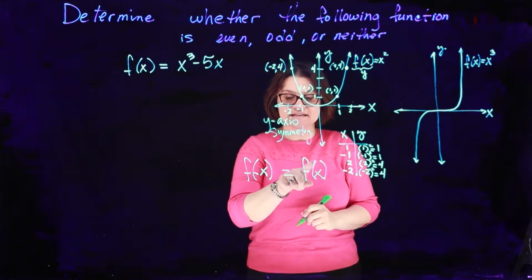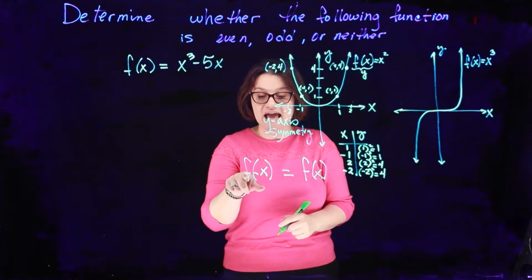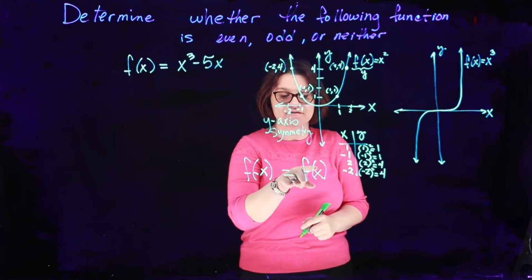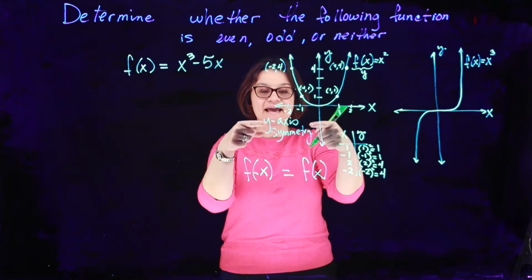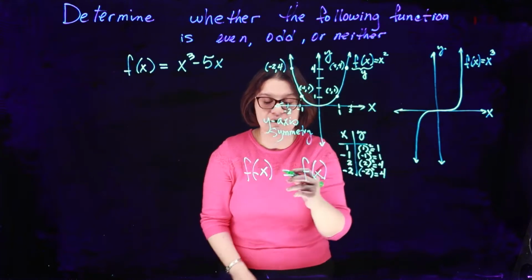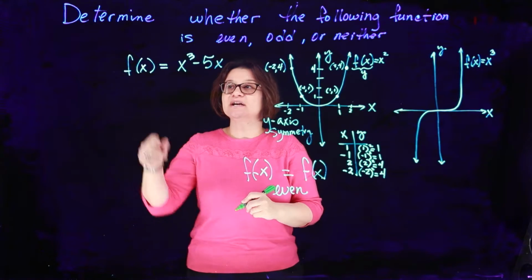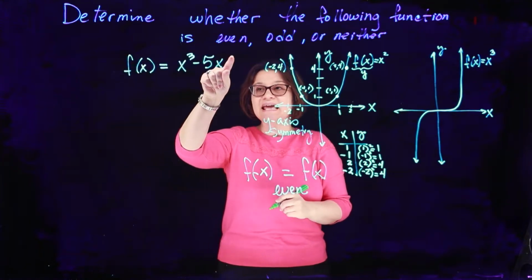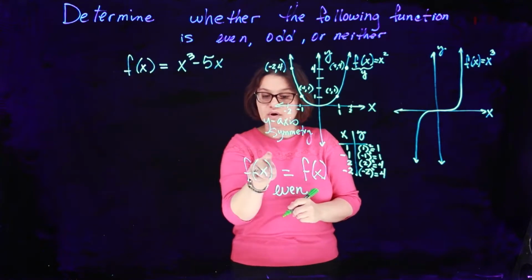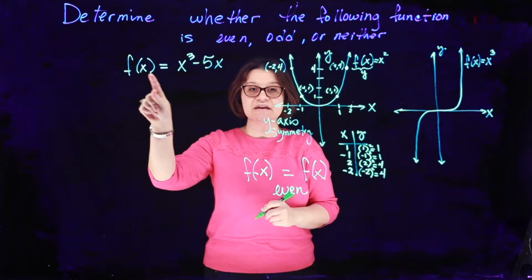When f of x equals f of negative x, or another way of saying it, f of negative x equals f of x, when we have this type of symmetry, this is a y-axis symmetry, and not only that, the function that you have becomes even. So as we're considering whether a function is even, odd, or neither, if f of x equals f of negative x, then this function will be even.